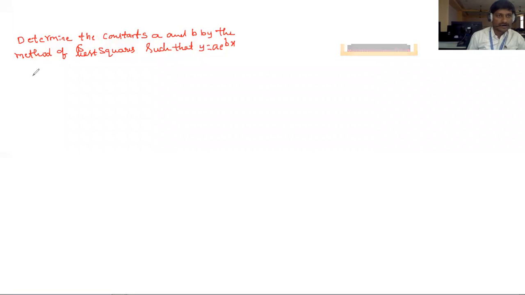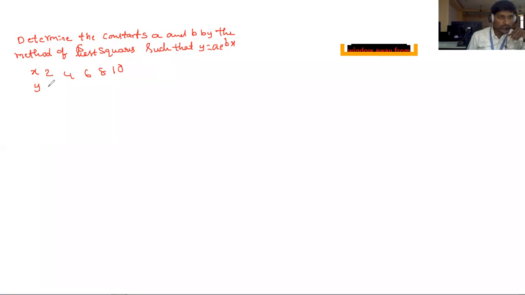So here it is, x values and y values. So x values are here 2, 4, 6, 8, 10. So these are the values of x.